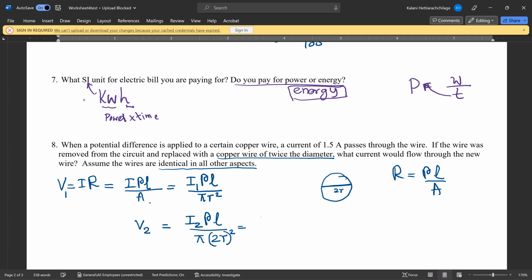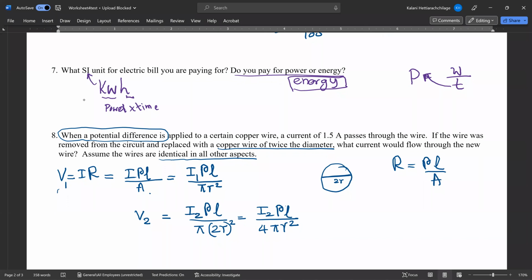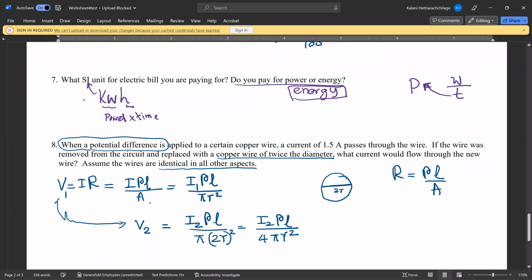So let's simplify this. I2, rho, and L. We're going to do 2 times 2 is 4, 5, and r squared, right? So now, since we are connecting this into the same potential difference we're going to apply by using the power source. That means these two going to be same power source, right? So now I can make them equal.